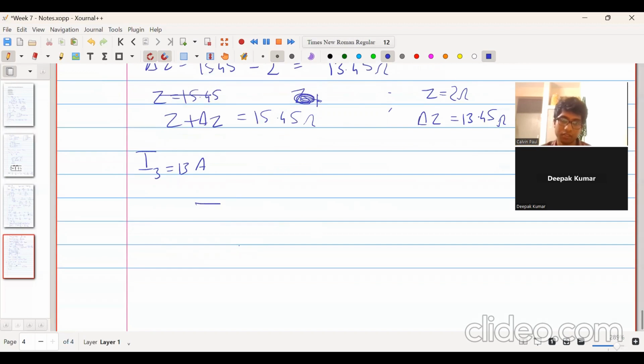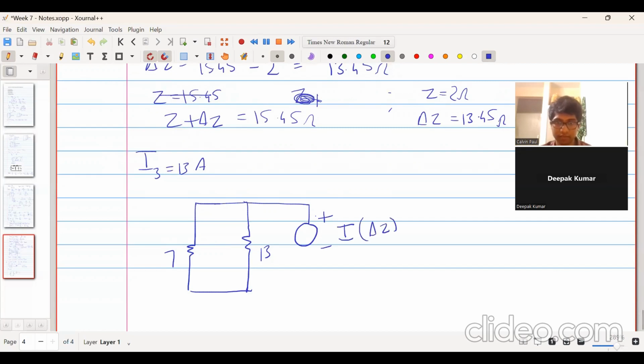This is 7 ohm, this is 13 ohm, and this is plus minus I into delta Z. This will be delta I, and this will be Z plus delta Z. This is what the compensation theorem states.